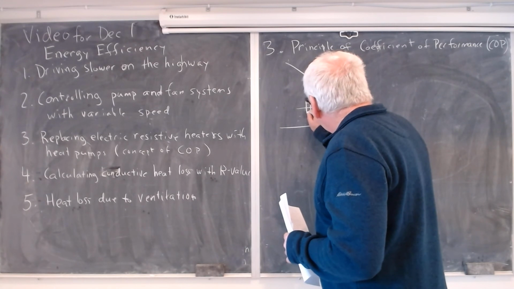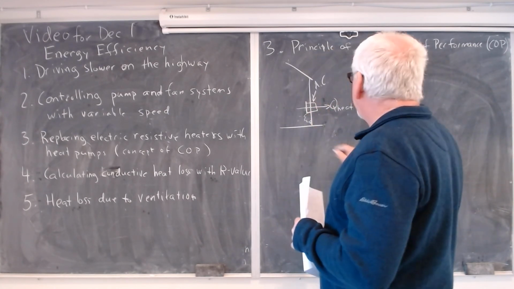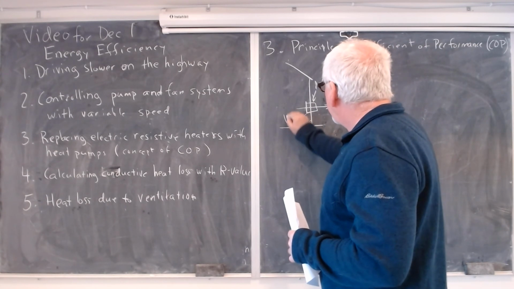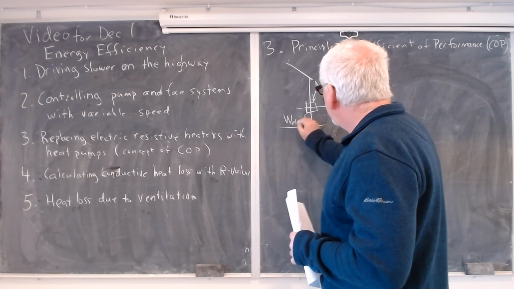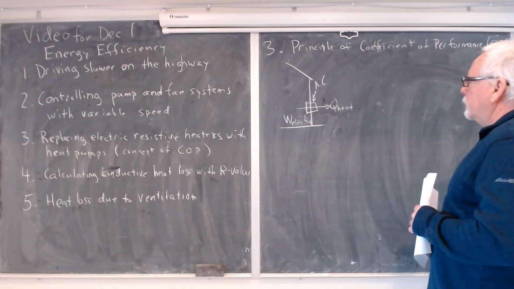Now, the principal coefficient, okay. Your air conditioner has a cord here, and it's plugged in there, so there's an electric power required to operate this thing.